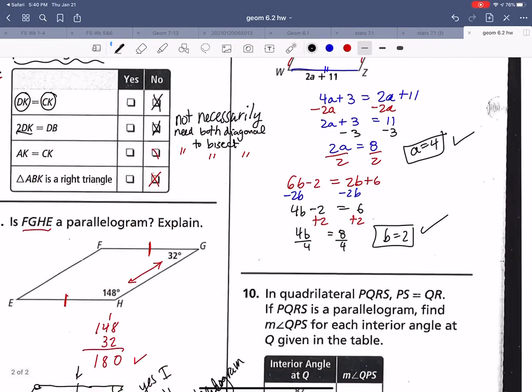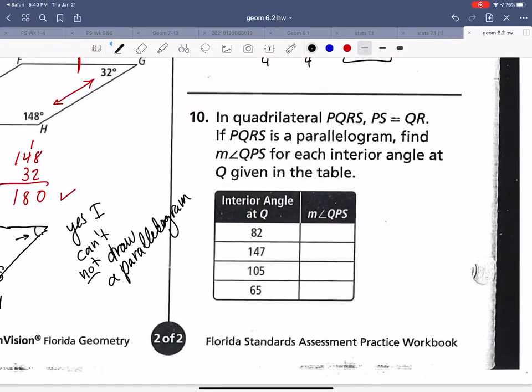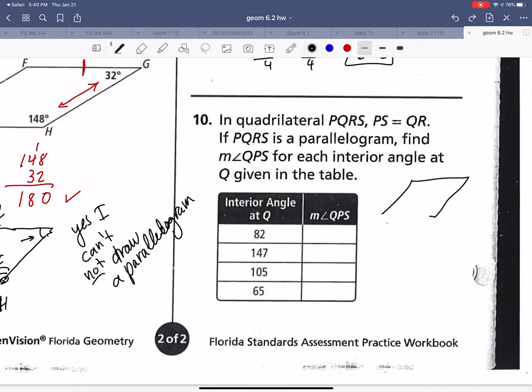And we've got one more. Okay, one more. In a quadrilateral PQRS, PS is equal to QR.